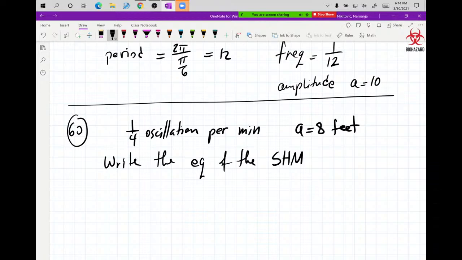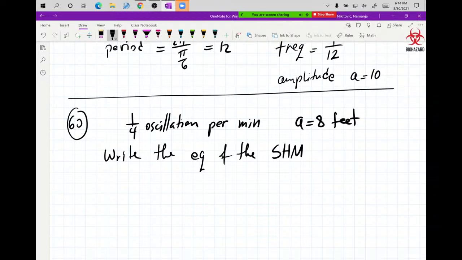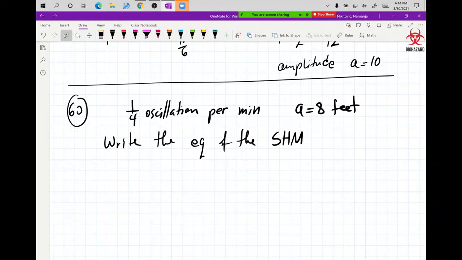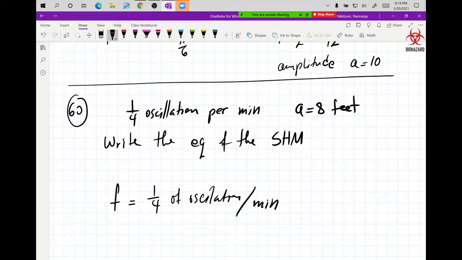All right. So what they told us is that the frequency is 1/4 of an oscillation per minute. Now, what does this mean? 1/4 oscillation per minute.